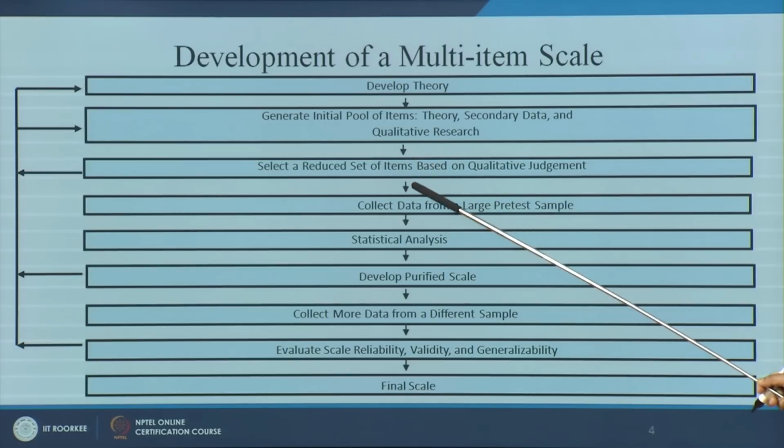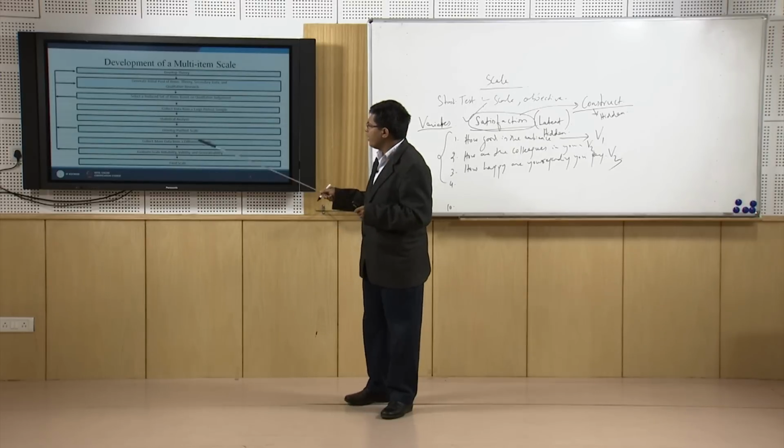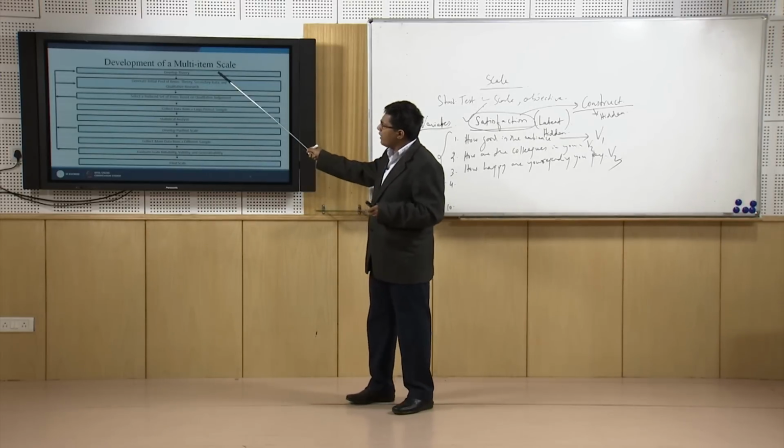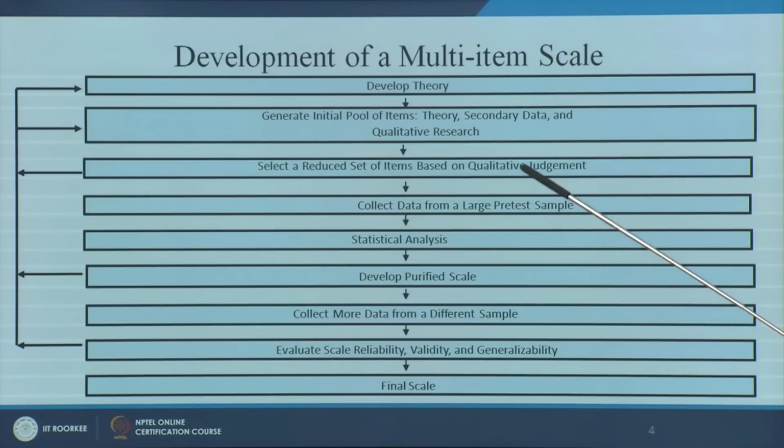We reduce the number of items and keep a minimum that explains the construct in a better way. Then once we have the items, we collect the data from a pool of respondents. Next we conduct a statistical analysis.